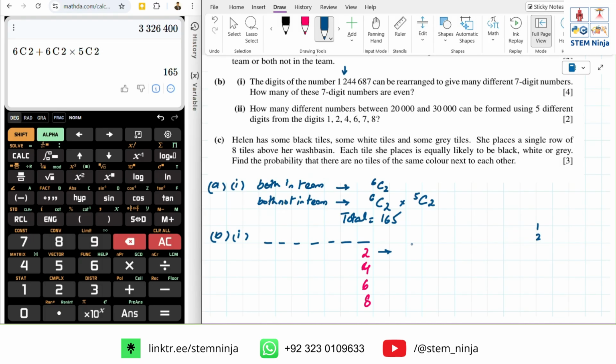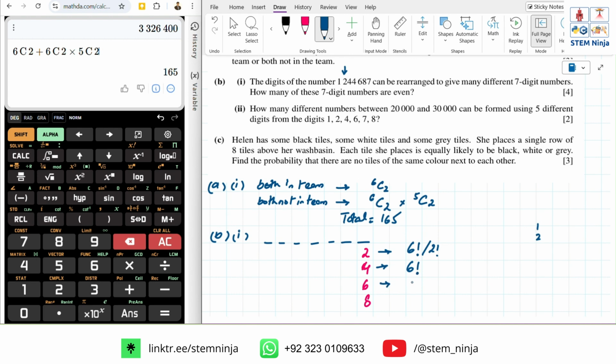So the arrangement of the 6 remaining digits would be 6 factorial, and there are two 4s, so divided by 2 factorial. Then if you have a 4 at the end, that means simply 6 factorial, because the other 4 will be a unique 4.